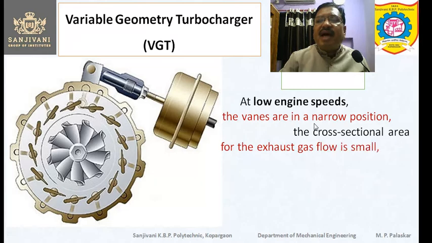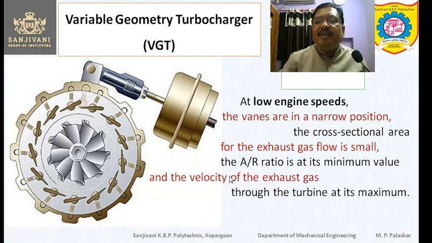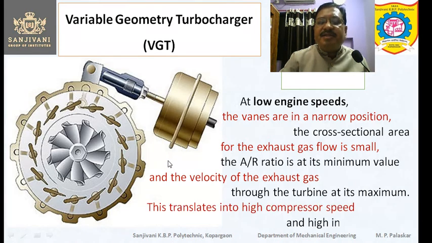So the vanes are in a narrow position. The cross-sectional area for the exhaust gas flow is small now. So due to that, the AR ratio is minimum, and the velocity of the exhaust gas through the turbine will be maximum. Velocity will be maximum at lowest speeds.